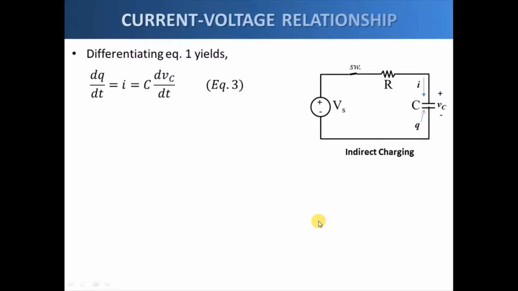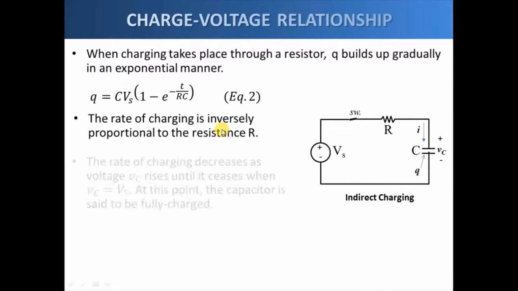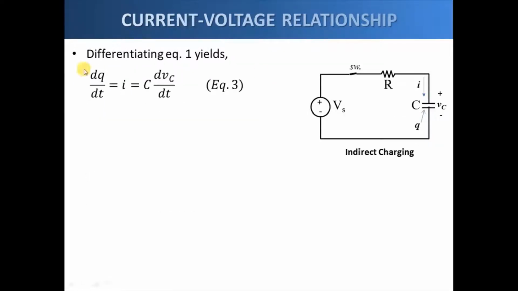Now let's differentiate equation 1. So equation 1 is this one. Let's differentiate both sides with respect to time. So we get this result. This is a very important relationship that says that the current that is flowing towards the capacitor is proportional to the time rate of change of the voltage across the capacitor.